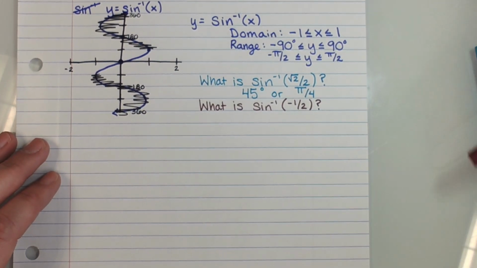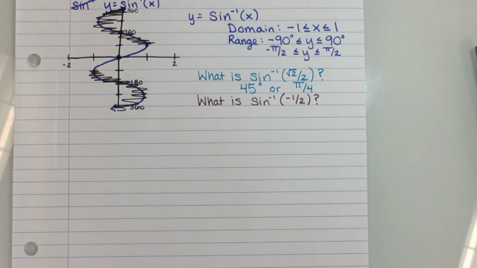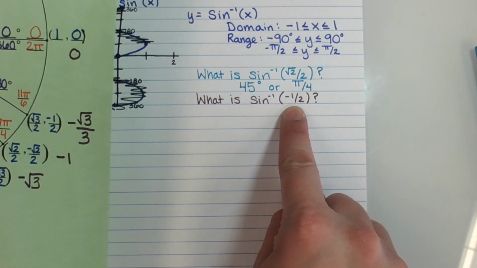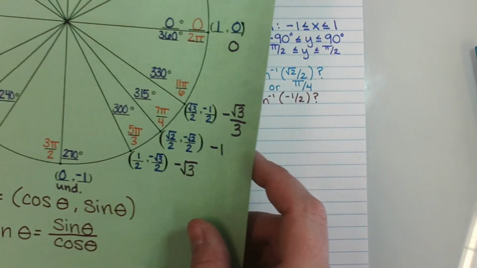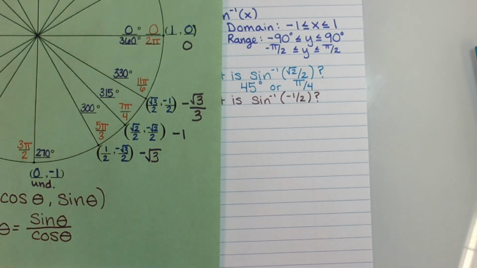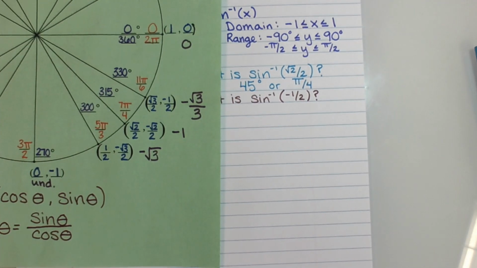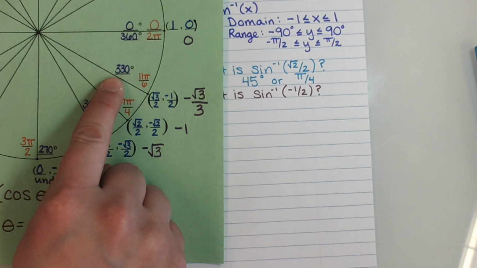Okay, what if I want sine inverse of -1/2? If it's negative and sine is y values, I'm looking at negative y values. So I'm looking down here on my unit circle. In this area, sine is -1/2 at 330, but it's 330 between -90 and 90.